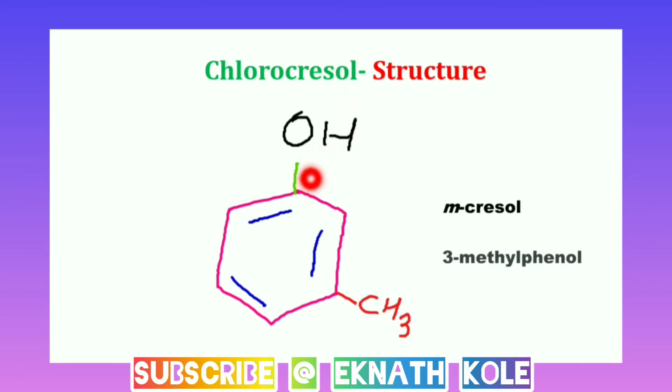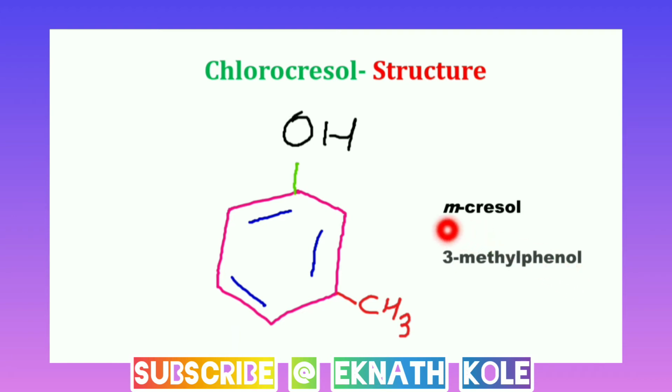Numbering has to be done in the way where the other substituent gets the lowest possible number. So if you number 1, 2, 3, then 4, 5, 6, it will be your metacresol or 3-methyl phenol.